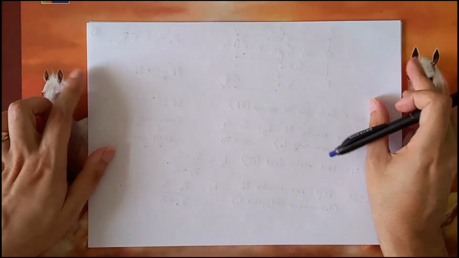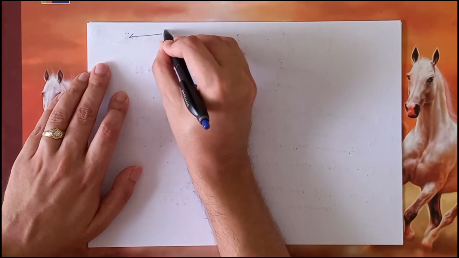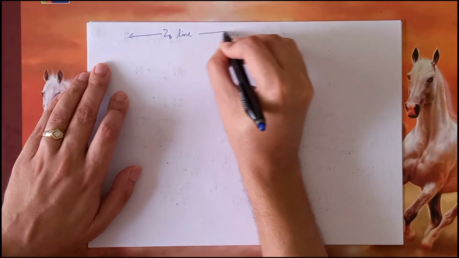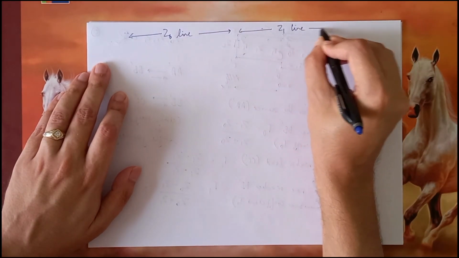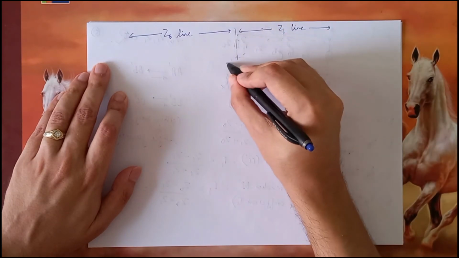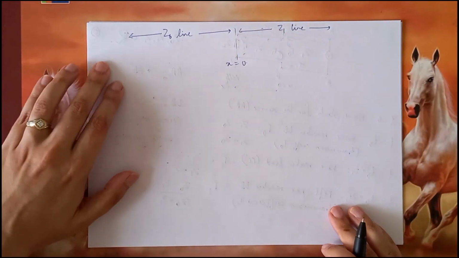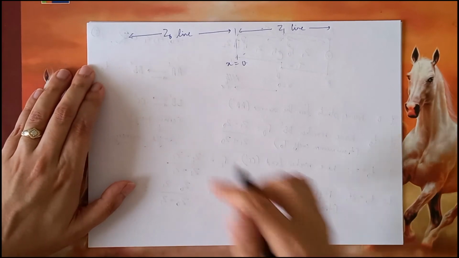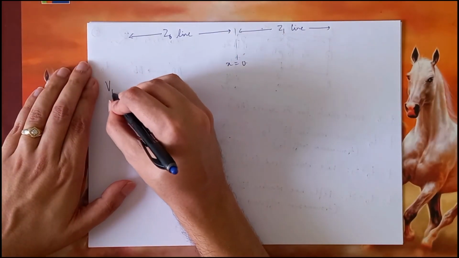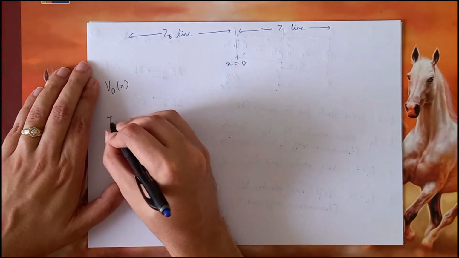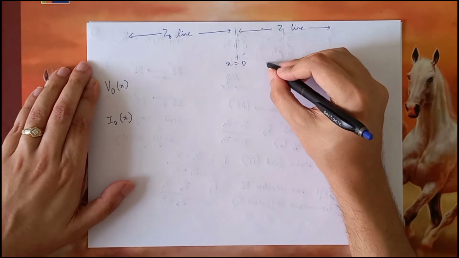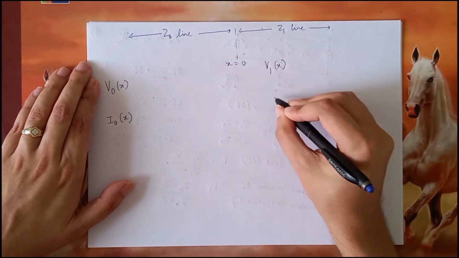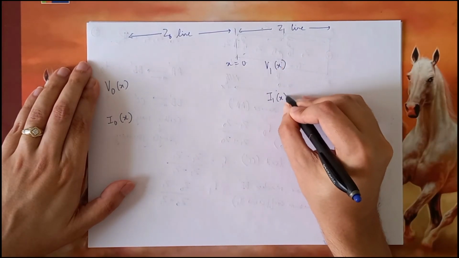Now, there are two transmission lines. One is the Z0 line, the other is the Z1 line. This is the point where x is 0. So therefore, let us write down the voltage and current equations as a function of x in the Z0 line, and in the Z1 line, let's write them as V1 of x and I1 of x.